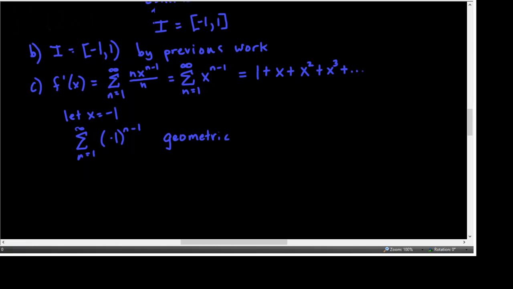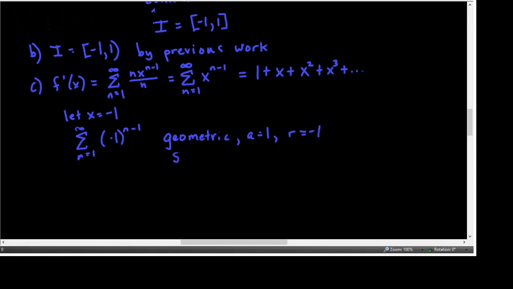For the geometric series, a is, in this case, the understood number multiplied by that power. So a is +1, and r is the thing raised to that power, -1.